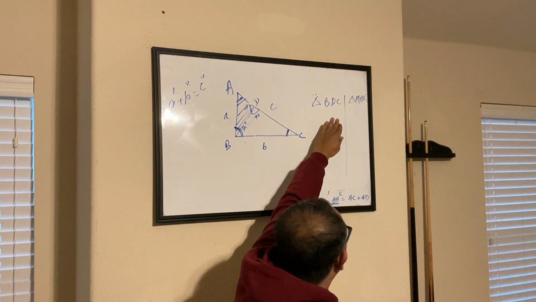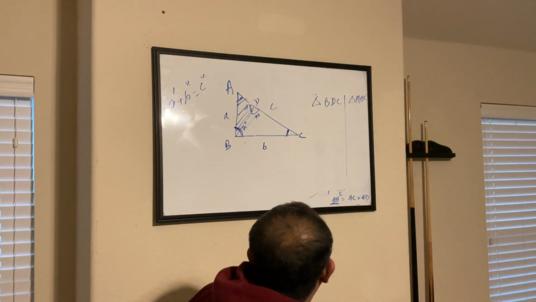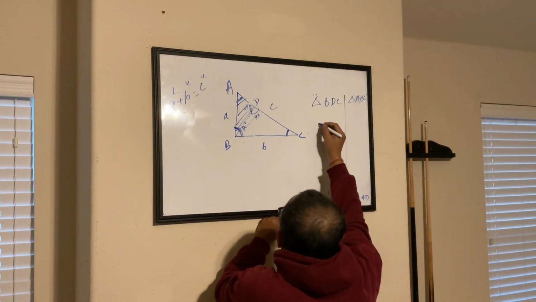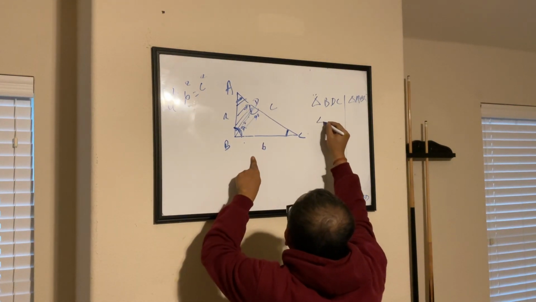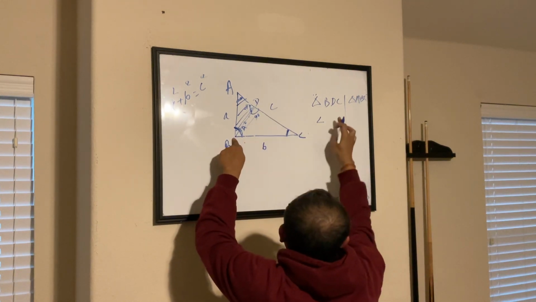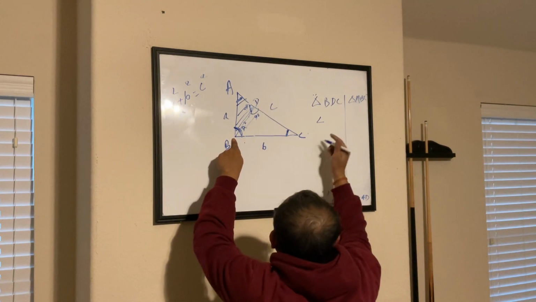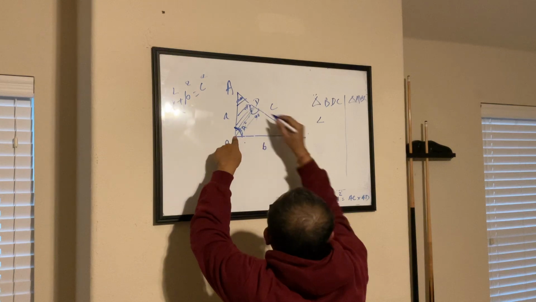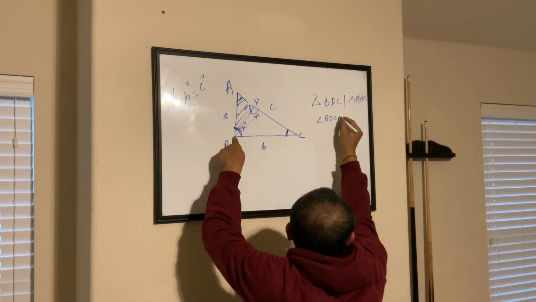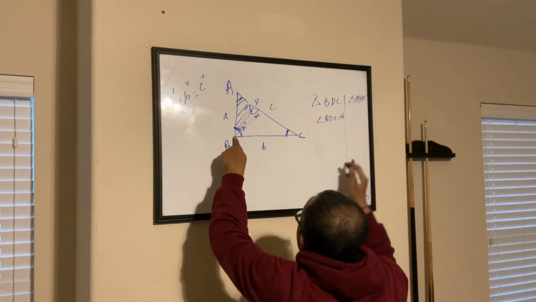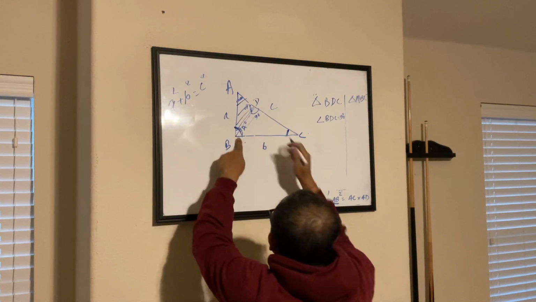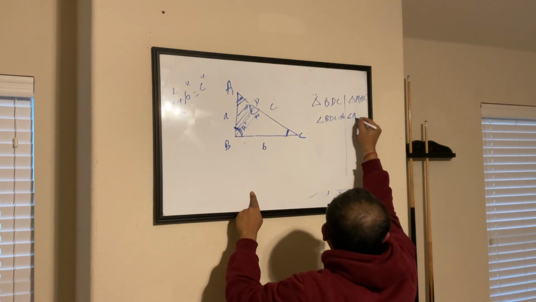So from this we find that these two triangles are also similar. Let me put the angles. If I'm looking at the small triangle BDC, angle BDC is 90 degrees, and the matching angle in the large triangle is angle ABC.